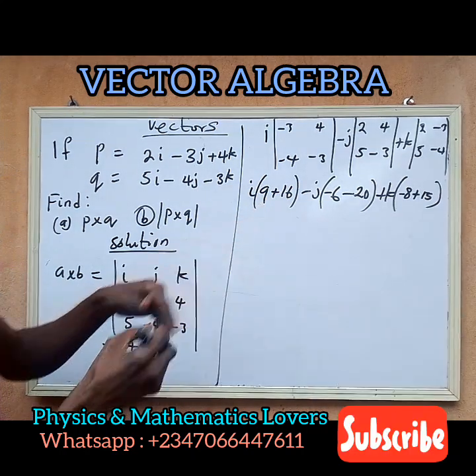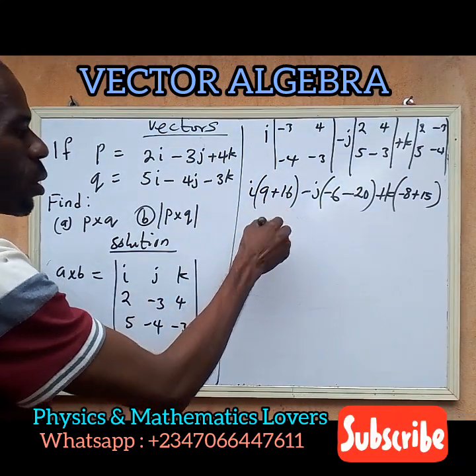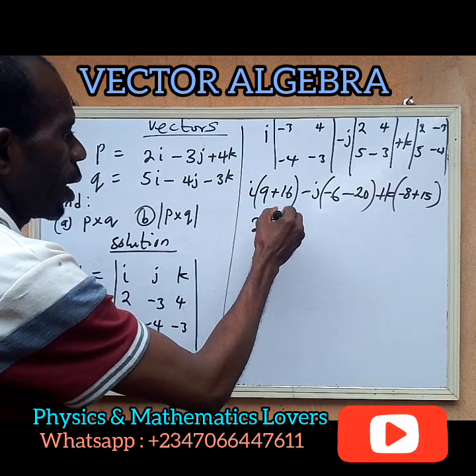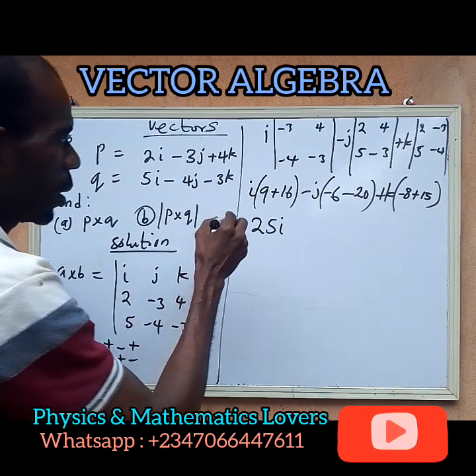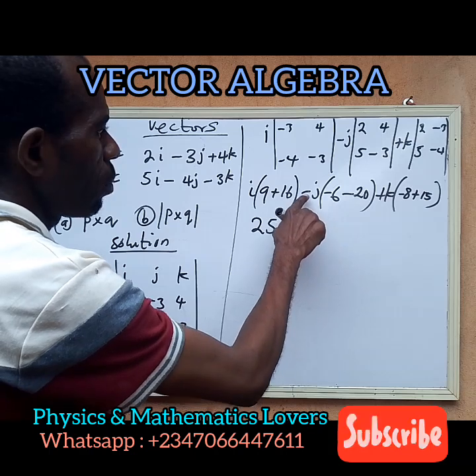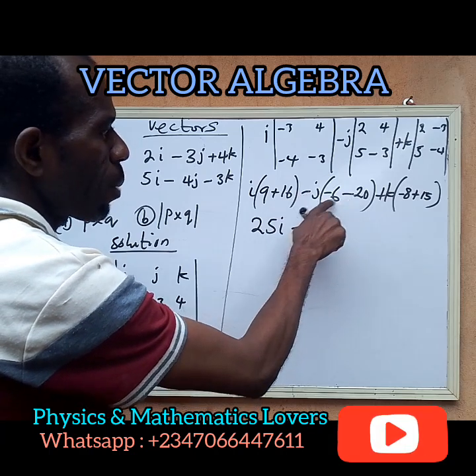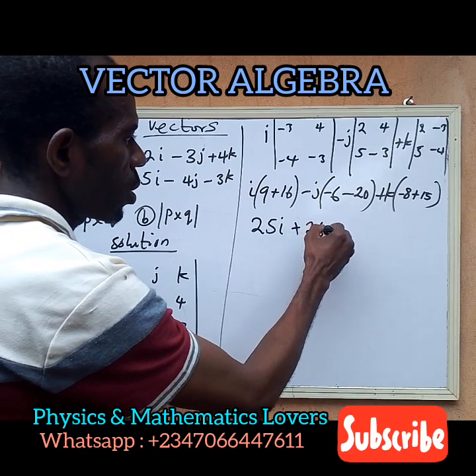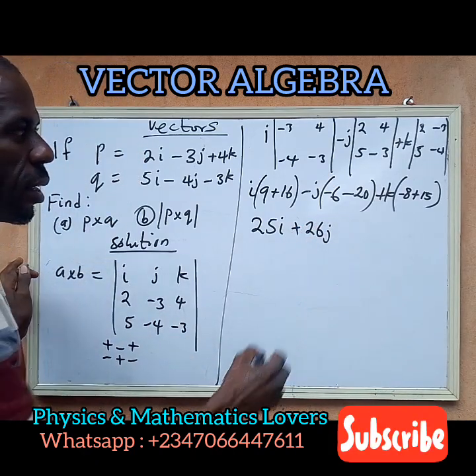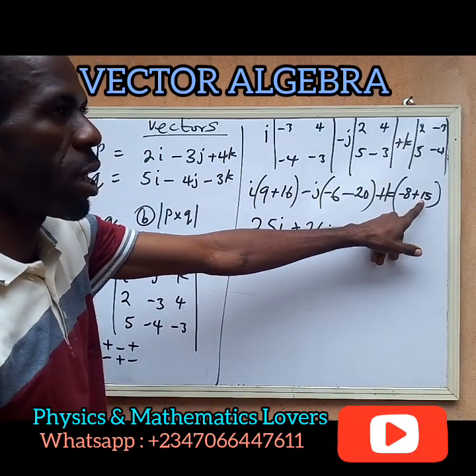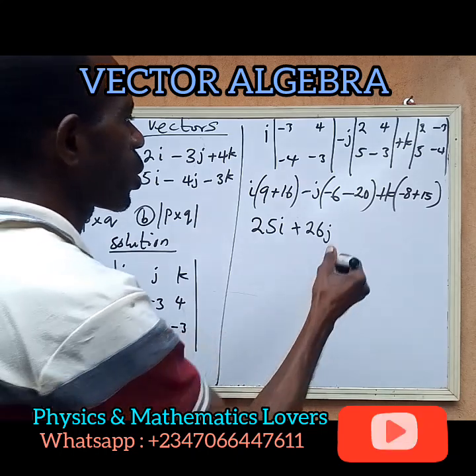So now this plus this gives us 25i. Then minus this and this becomes minus 26; because of this minus, it becomes plus 26j. Here we have -8 and plus 15, which becomes plus 7k.